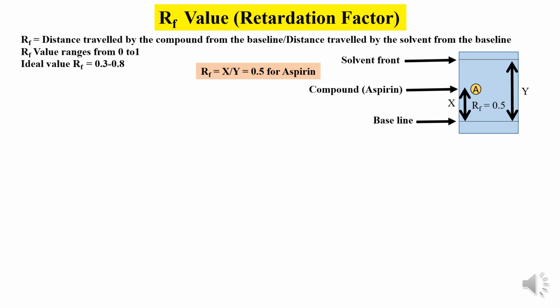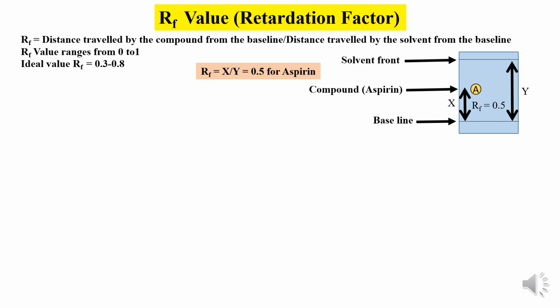Say for example, if you are using 9:1 ratio of hexane to ethyl acetate, the RF value will be different from that of 5:5 ratio of ethyl acetate and hexane. So RF value is constant for a given combination of stationary and mobile phase.